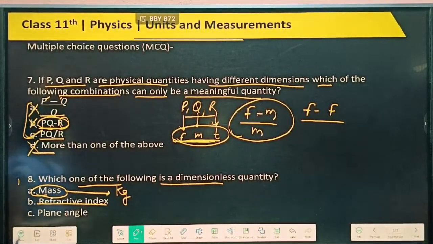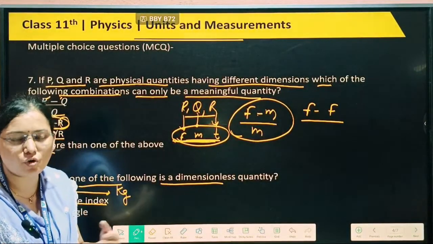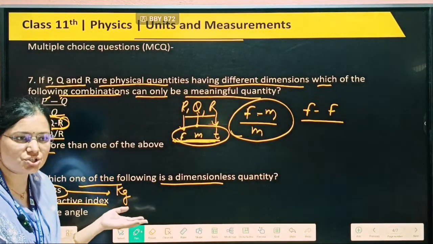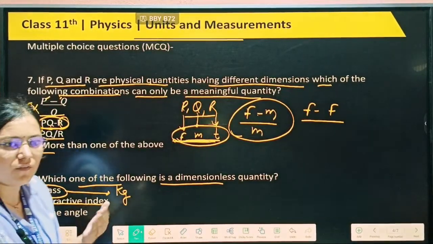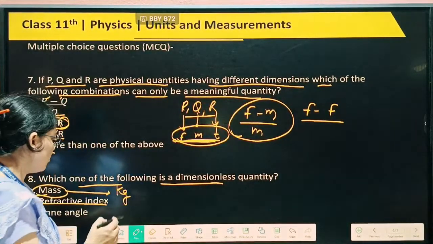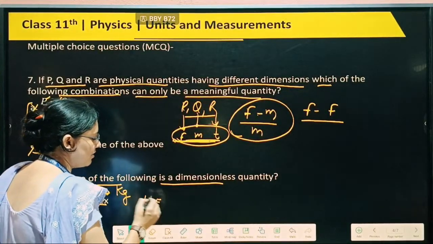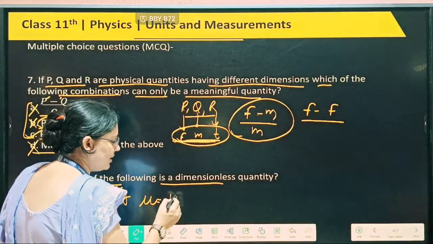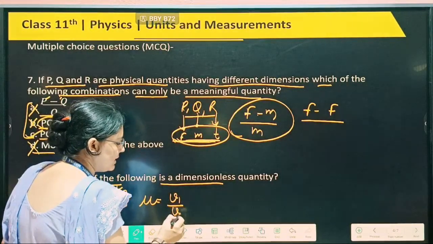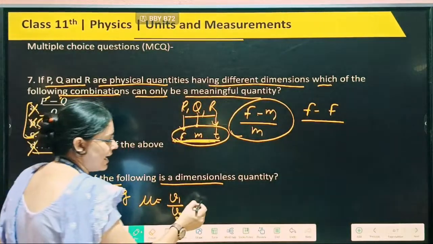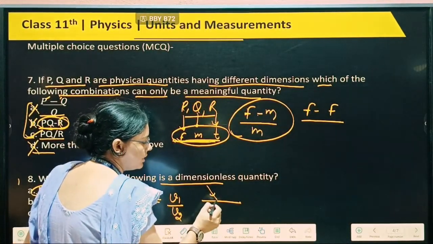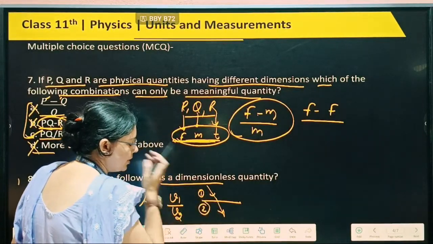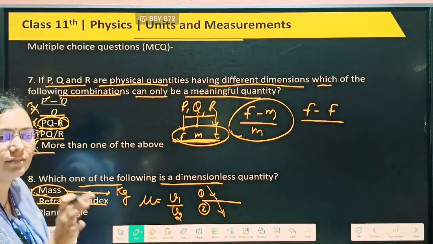Refractive index, beta, we have already done in our 10th class in optics. Yes or no? Remember, refractive index is the ratio of the speed of light in one medium to the second medium. We have done this relation in our 10th class. Refractive index is equal to the speed of light in one medium to the speed of light in the second medium. Light is entering from one medium and going into another medium. So here first medium, second medium, then the speed of light will change as the medium changes.